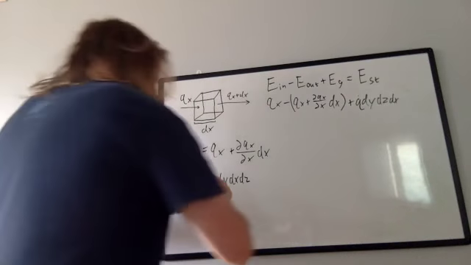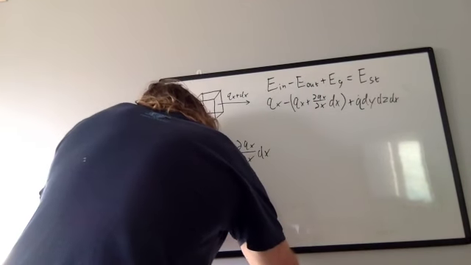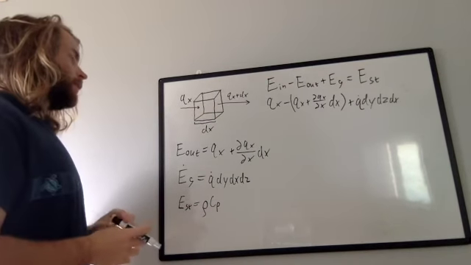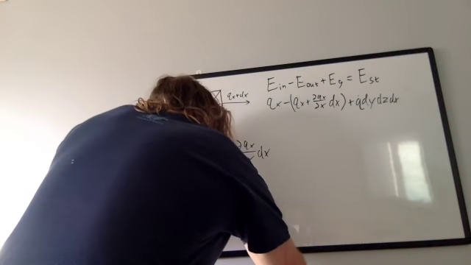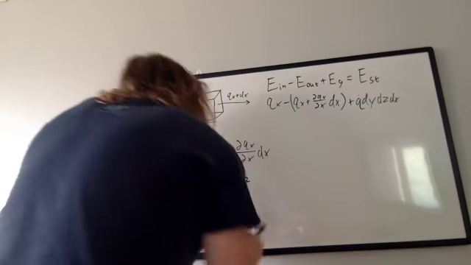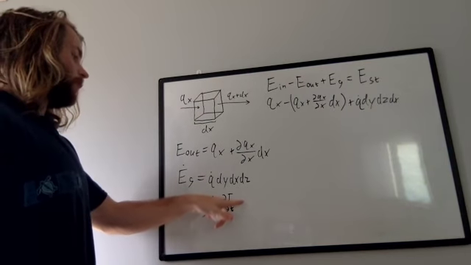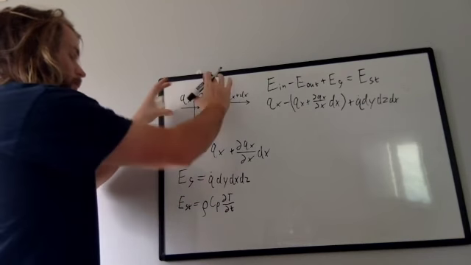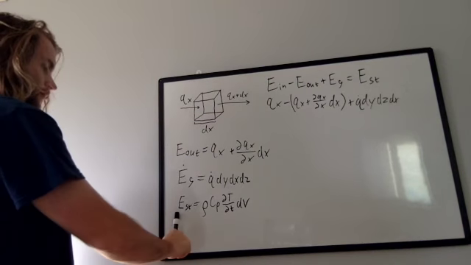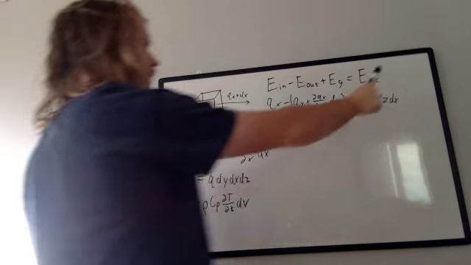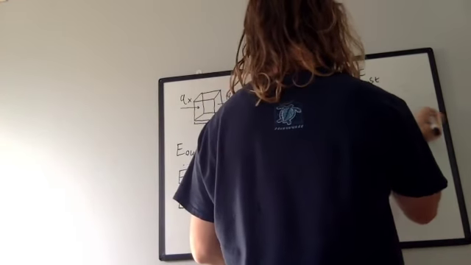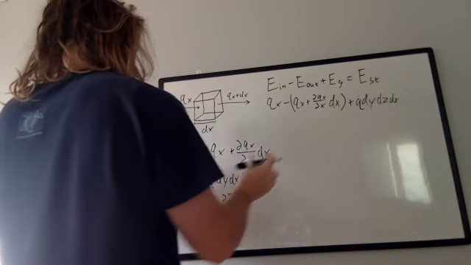So that is going to be the density multiplied by the specific heat of that substance, Cp right here, and then that is going to be multiplied by the change in temperature as it relates to a change in time. And then once again, we are going to be multiplying by the differential volume, this whole cubic volume right here, dV. And that is going to be our expression for this energy stored. So it looks like we ran out of room a little bit right here. So we'll just go ahead and write out this whole thing.